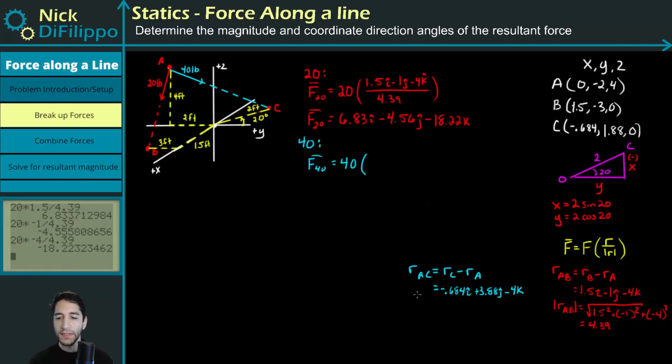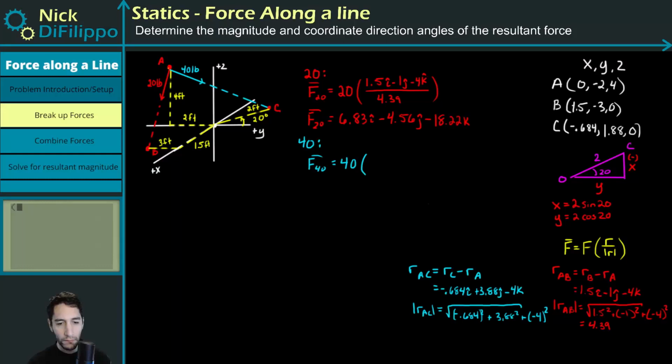And now we need to take the magnitude of this again. So the magnitude of our AC is going to be equal to the square root of minus 0.684 squared plus 3.88 squared plus minus 4 squared.